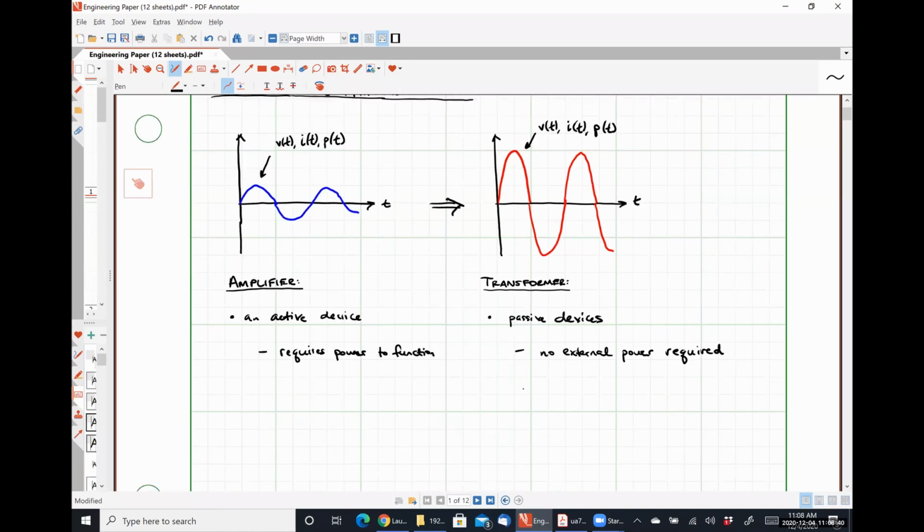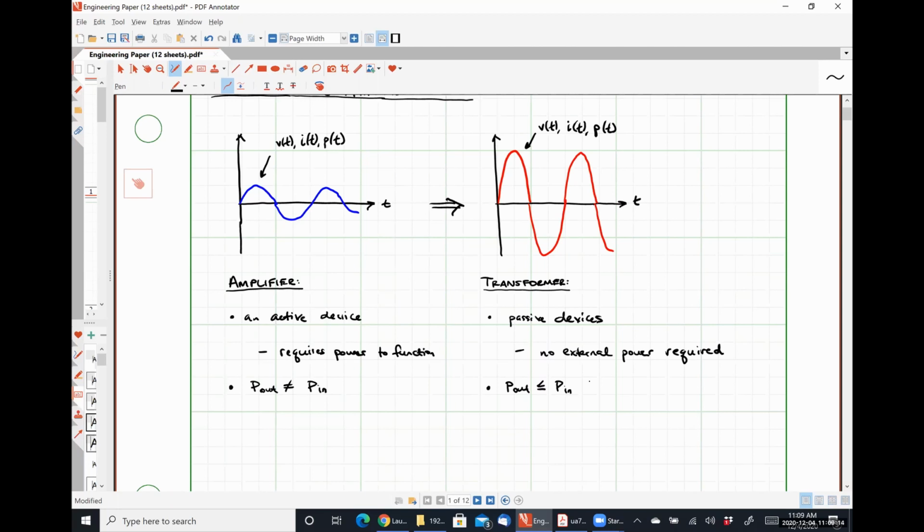And as a consequence of amplifiers requiring external power, the output power does not necessarily have to be equal to the input power, because it can take power from outside of the system. Whereas for a transformer, our output power must be less than or equal to our input power. In an ideal case, our output power would be exactly equal to our input power.